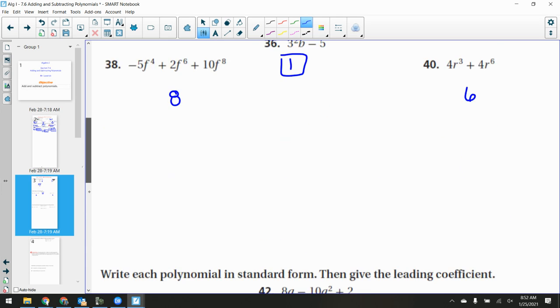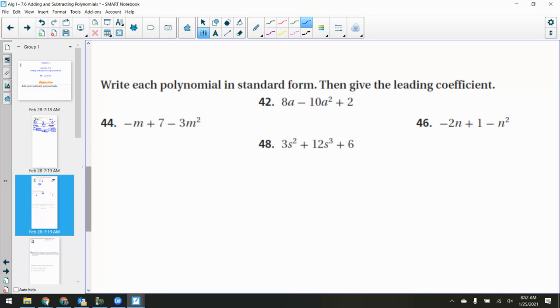Okay. And let's take a look here. Write each polynomial in standard form, then give the leading coefficient. I'll do some of these. First one here should be negative 10a squared plus 8a plus 2. So my leading coefficient is a negative 10. Number 44, negative 3m squared minus m plus 7. So my leading coefficient is a negative 3.